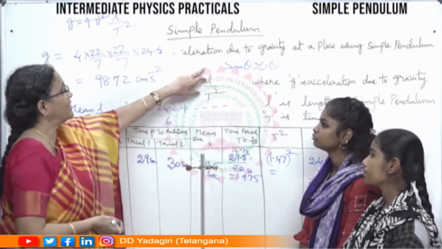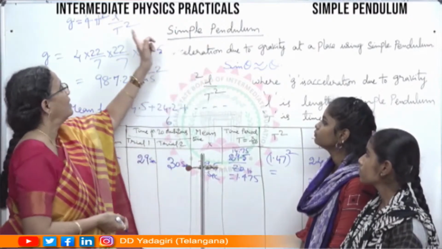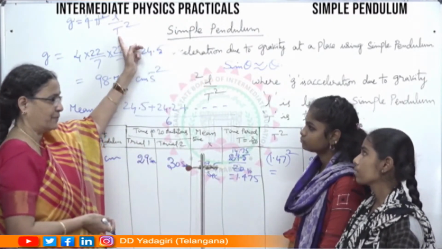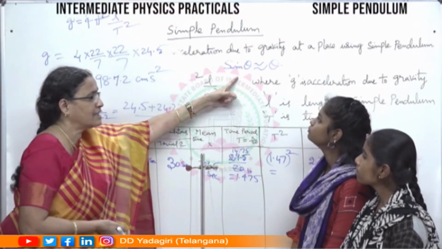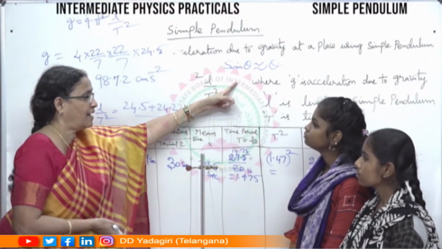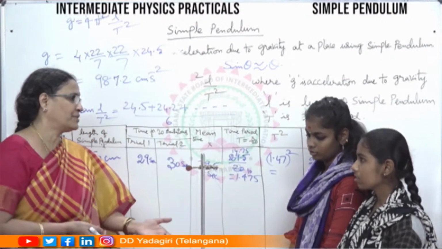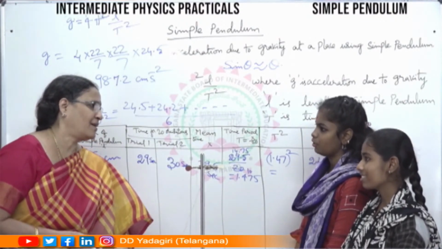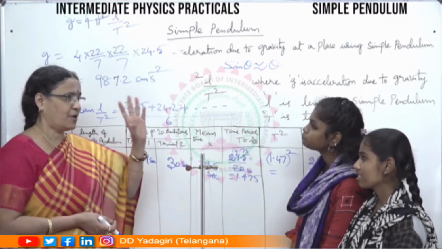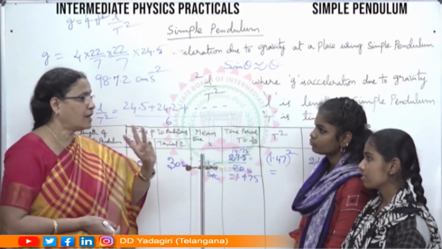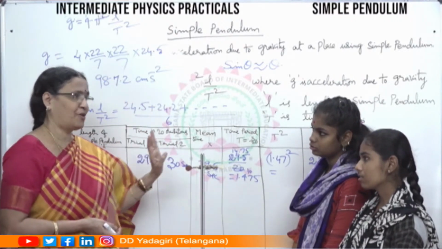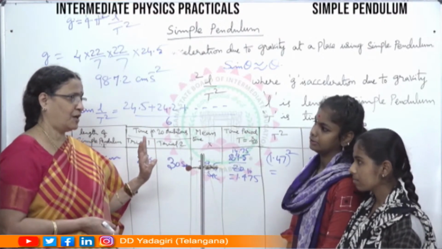We have used this particular thing in arriving at this equation. So sin theta is approximately equal to theta when theta is small. So if you take large amplitude, theta is not small. Okay? Yes. So precaution number 1, large amplitude should not be taken.